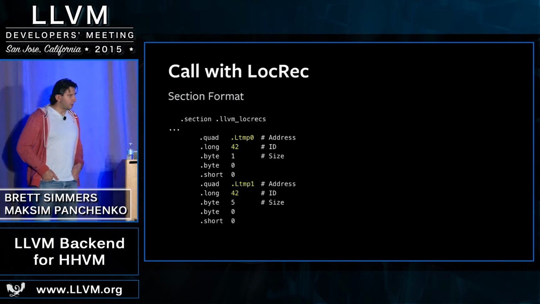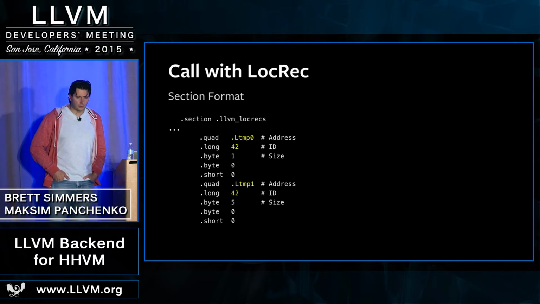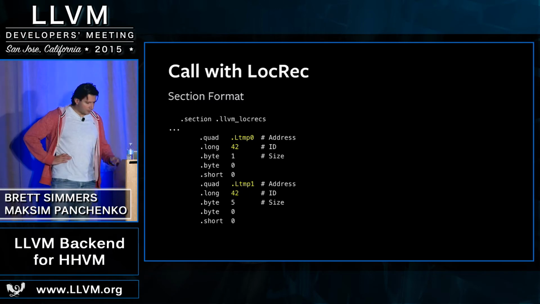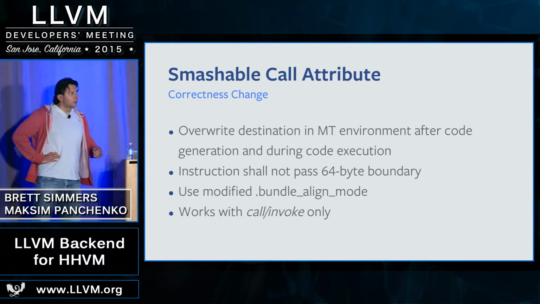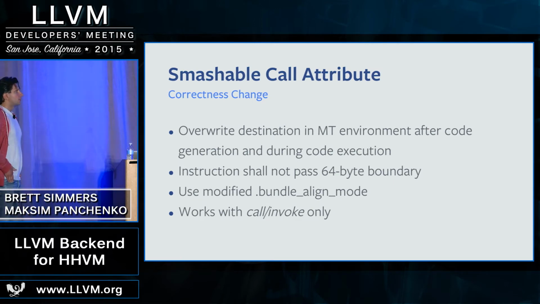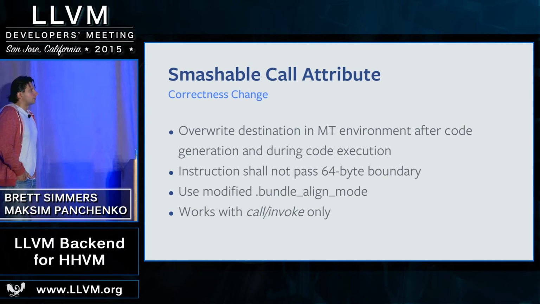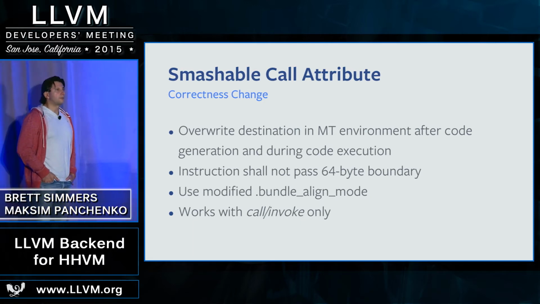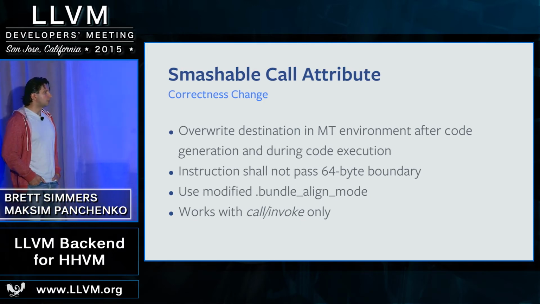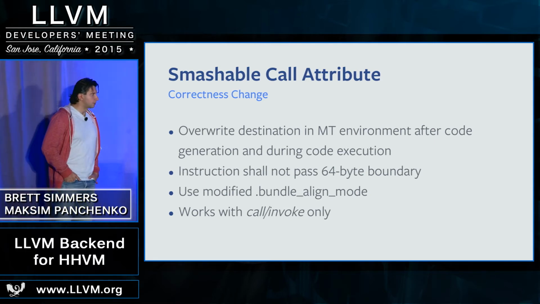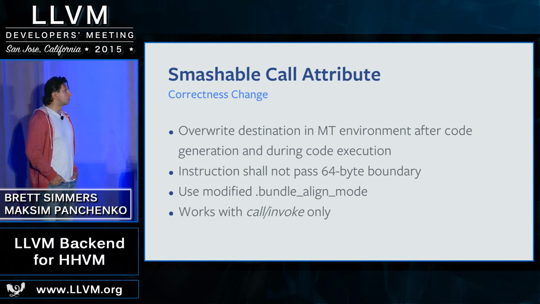The format of the locrec section is fairly simple. After the header, every record is represented as a label, then ID of the location record, and the size of the instruction. The interesting thing to note is HHVM is a multi-threaded application, so you can have one thread executing the code while the other actually wants to modify the destination of the call.